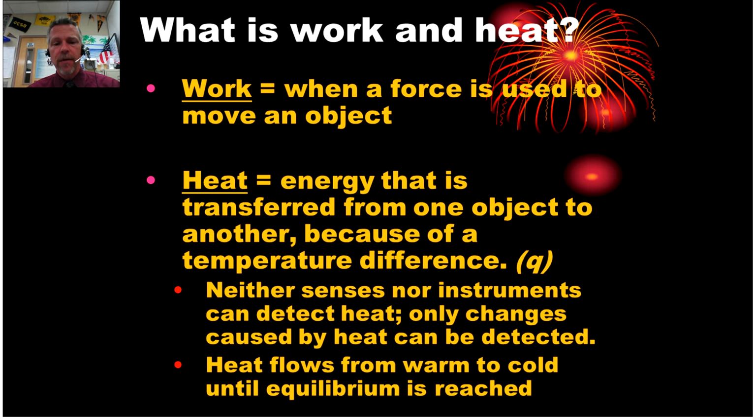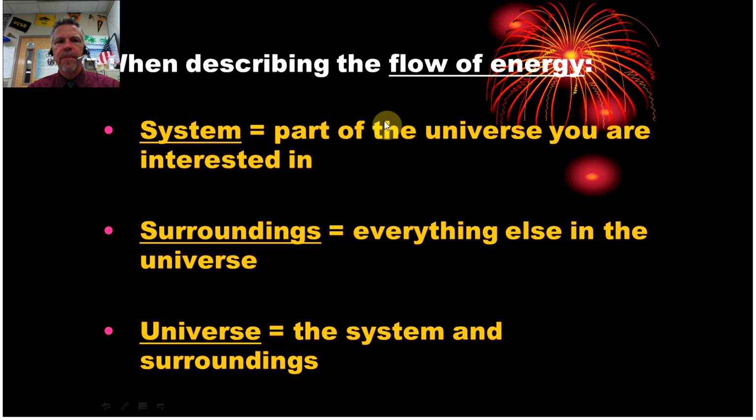And your hands will continue to get warm until they are the same temperature as the air blowing out of the vent. That's an equilibrium. So that's just a little visualization of what I mean when I say equilibrium, a balance.